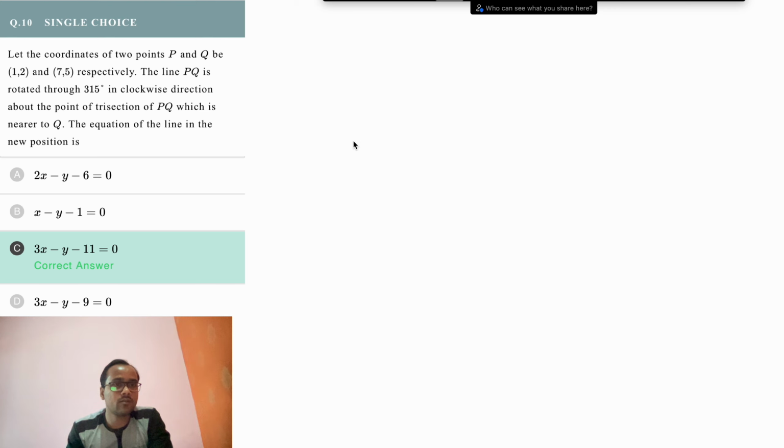Question number 10. Let the coordinates of 2 points P and Q be (1, 2) and (7, 5). Okay, so suppose this is the point P (1, 2), and suppose there is a point Q (7, 5). So according to the question, this is line segment PQ.